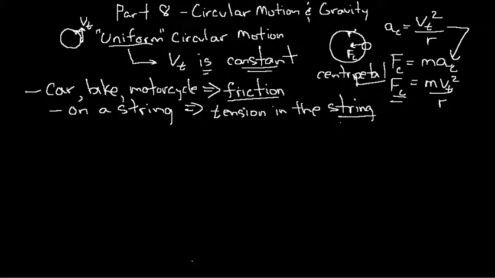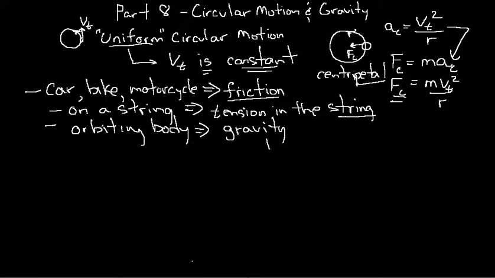In other words, the string is providing that pulling motion inward. And if you're talking about an orbiting body, like the moon going around the Earth, then of course it's gravity that provides the centripetal force to keep it in orbit. Now, with that, let's just talk about gravity for a minute.